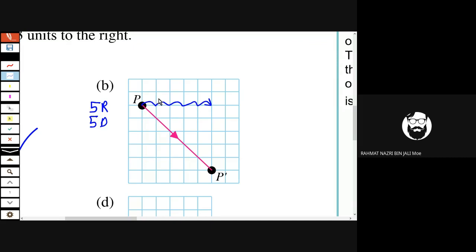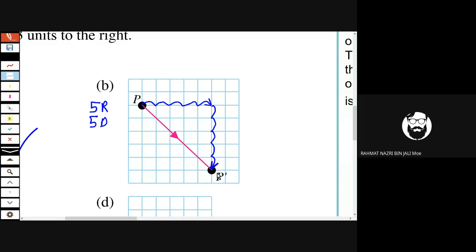Okay, this is for the movement to the right, parallel to the x-axis. After that, this point moves downward with 5 units, 5 boxes. 1, 2, 3, 4, 5.